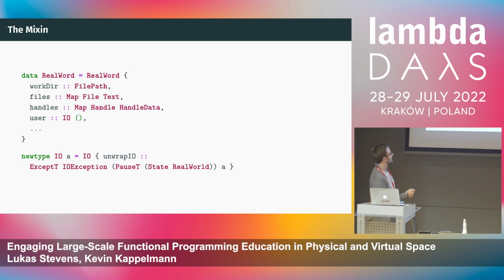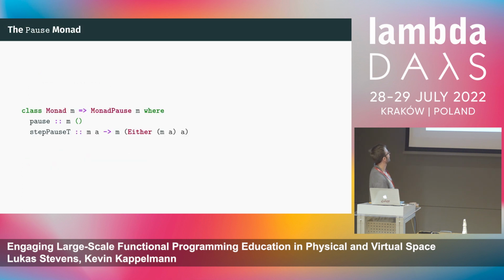So this is the pause monad transformer, and basically it's a monad transformer for this pause monad. I will not go into the implementation, but just give you an intuition what it does. So it has two operations, a pause operation and a step operation.